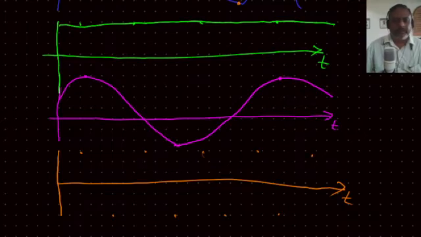It looks oscillatory, of course. Then if you want a linear fitting, it can be this.